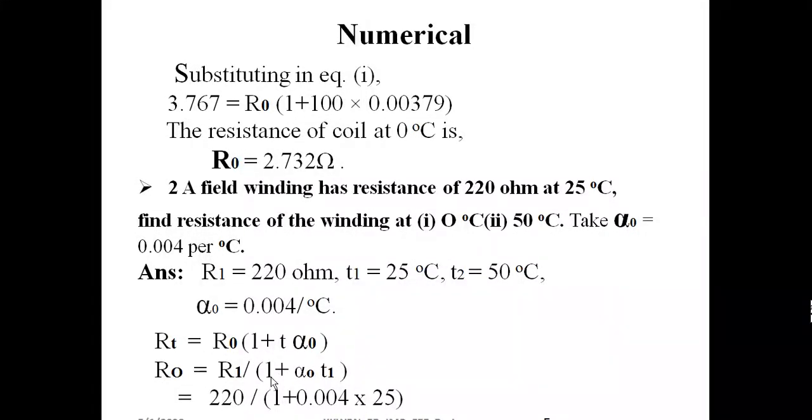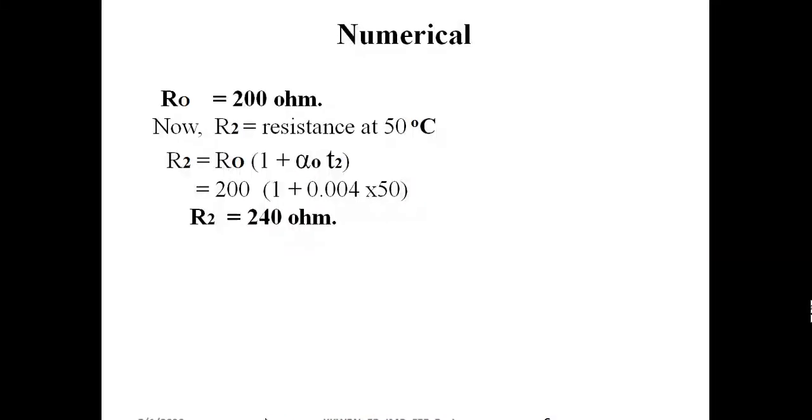Put in the respective values of the parameters: R1 is 220 ohm, alpha 0 is 0.004, T1 is 25 degree centigrade. Solving this equation for R0, we get the resistance at 0 degree centigrade as 200 ohm.